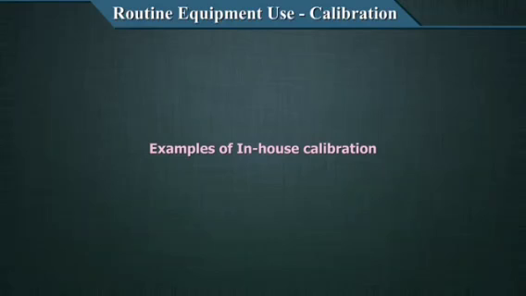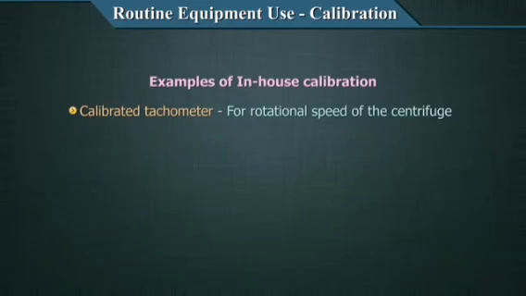For minor equipment, some of the equipment calibration can be done in-house also. If calibrations are done in-house, again the traceability has to be demonstrated. Some examples of in-house calibration: a tachometer can be used for calibrating the rotational speed of centrifuges. But make sure that the tachometer has a traceable calibration itself.